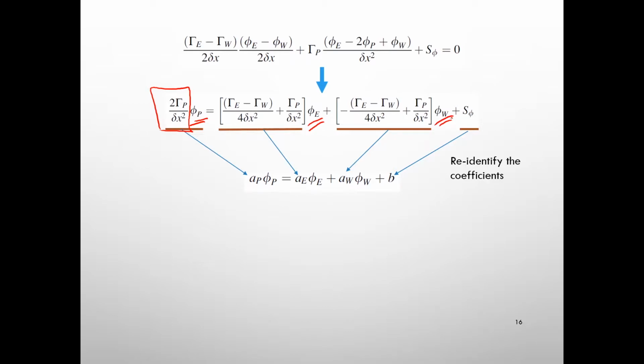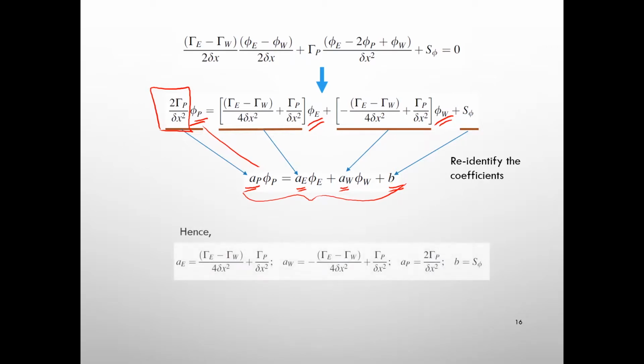So we arrange it this way to put it into a simple equation form, where whatever the factor or coefficient of each property is equals these coefficients aP, aE, aW, and the one without phi we put as b. Usually this is where the source terms belong.